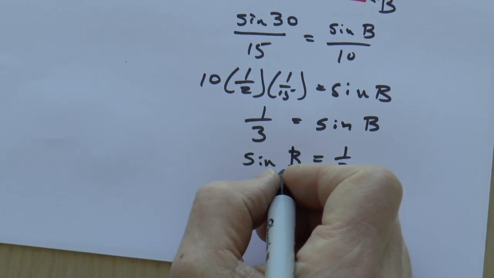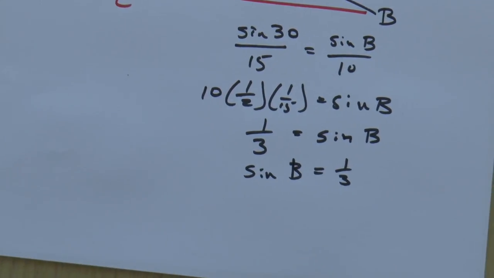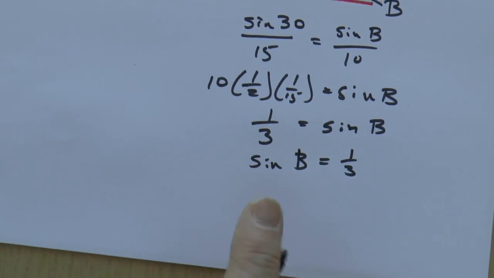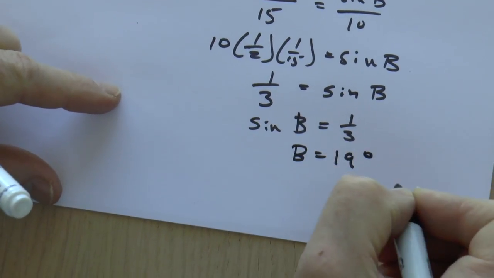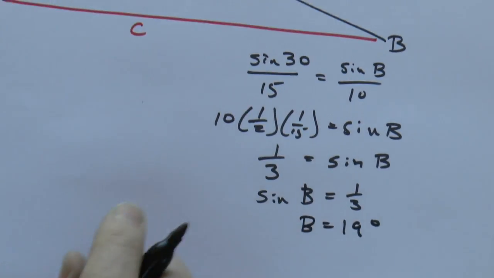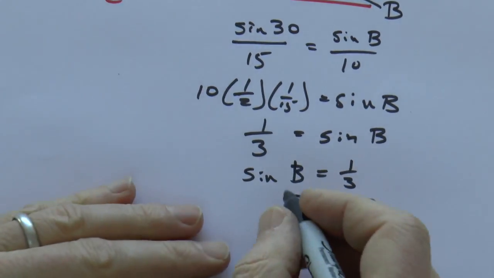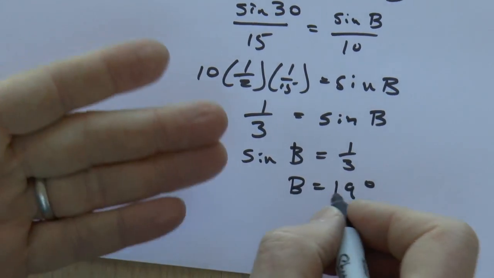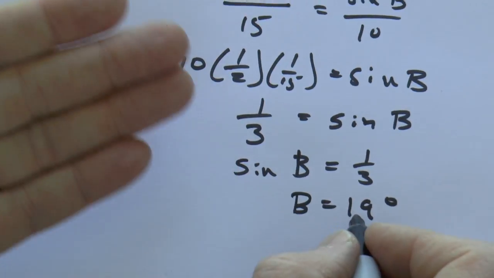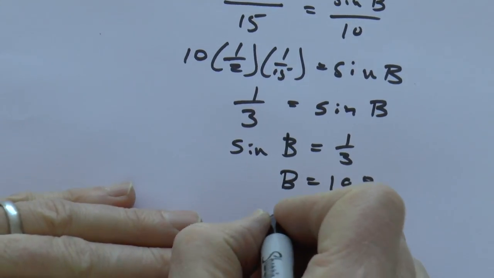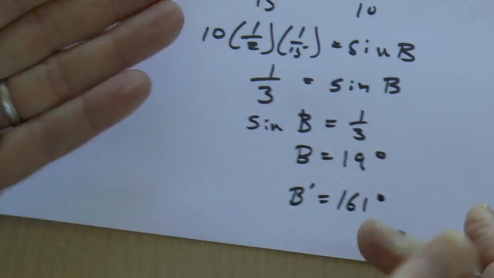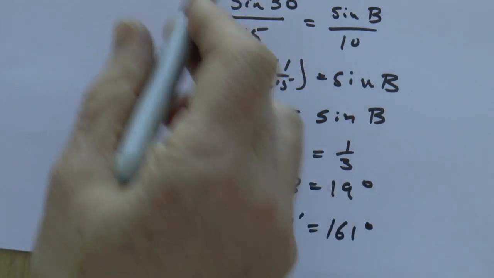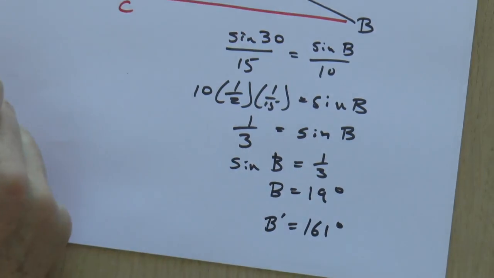Sine of B, I calculated before, is 19. B is 19 degrees. Okay, so that's our one answer. And then the other possibility would be 180 minus 19. So that's 161. We'll call that B prime. All right, let's check this out and see if everything works.